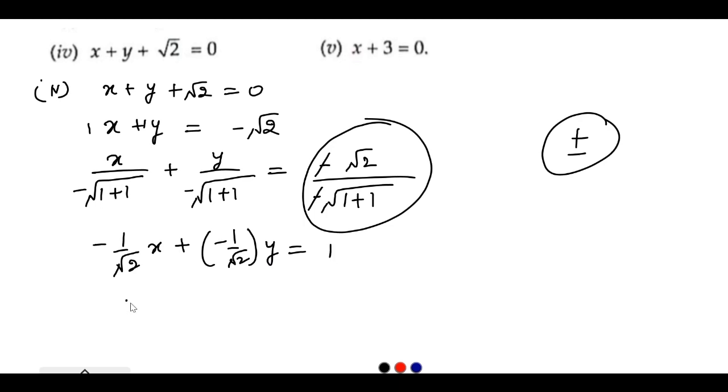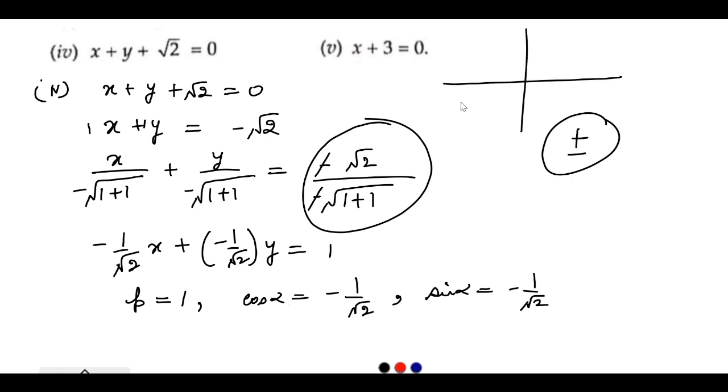This is the normal form where the length of perpendicular is 1 and cos alpha is minus 1 upon under root 2 and sin alpha is equal to minus 1 upon under root 2. It means alpha will lie in the third quadrant, because in the third quadrant cos is negative, sin is negative, and this is the value of 45.